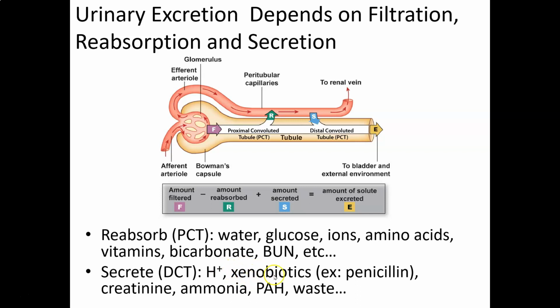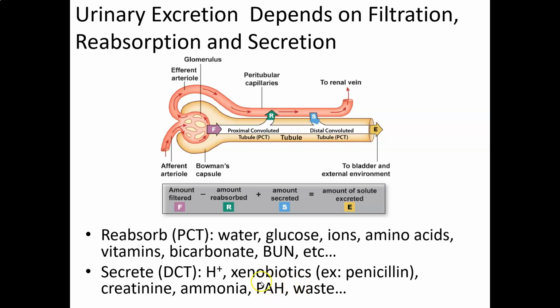Xeno means foreign, so these are foreign substances like penicillin. We secrete a waste product basically called creatinine. We secrete ammonia. We secrete a substance called PAH, para-aminohippuric acid. I wouldn't ask you what that stands for, but just PAH.